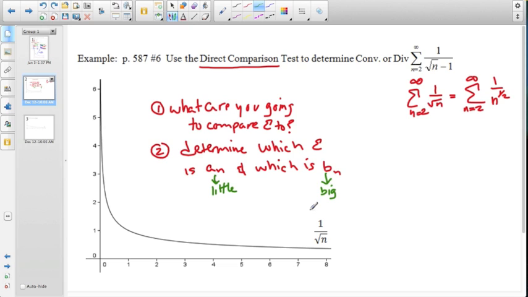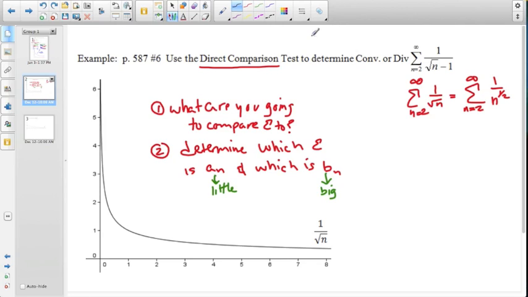Mathematically speaking, which one's little and which one's big comparatively. If we look at this term by term, and it's tough to determine, you can graph these as functions on your calculator and see which one's smaller term by term.